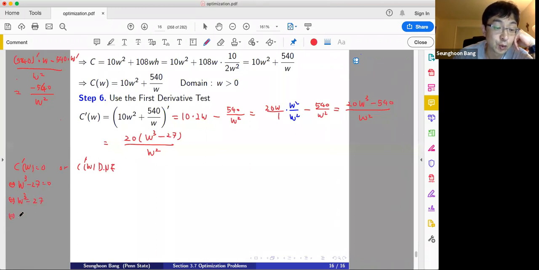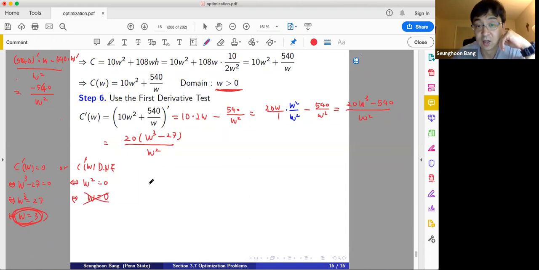Taking the cube root, W equals 3. C prime of W does not exist when the bottom equals 0, so W squared equals 0 and W is 0. But W equals 0 is not in the domain, since the domain is positive numbers, so we don't need it. We have W equals 3.